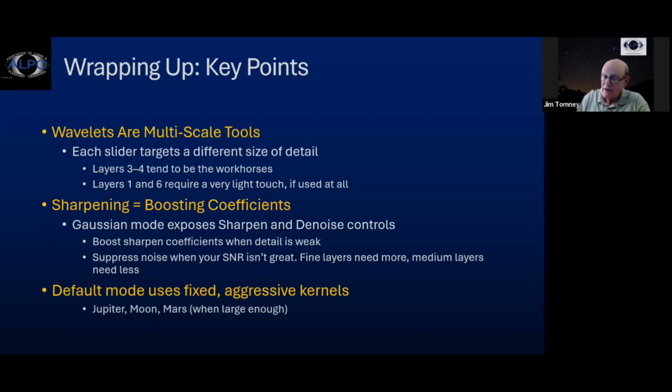With the default mode, if you have a high contrast target, you may want to start off seeing how it looks with the default mode. And if you feel that you're not getting where you want to go with it, switch over to the Gaussian filter and see if you can get a better result by using that, where you have more control.